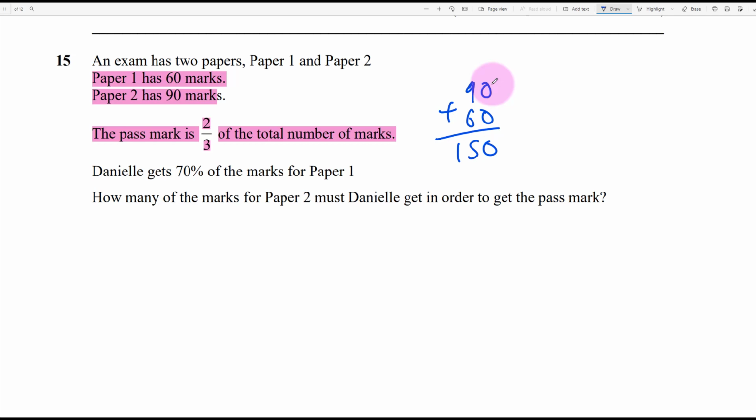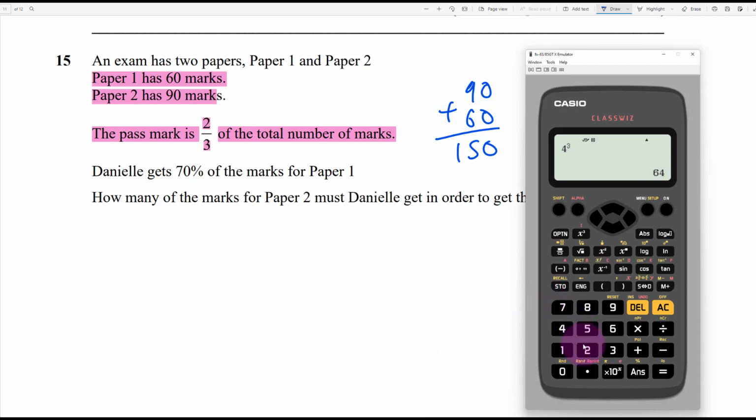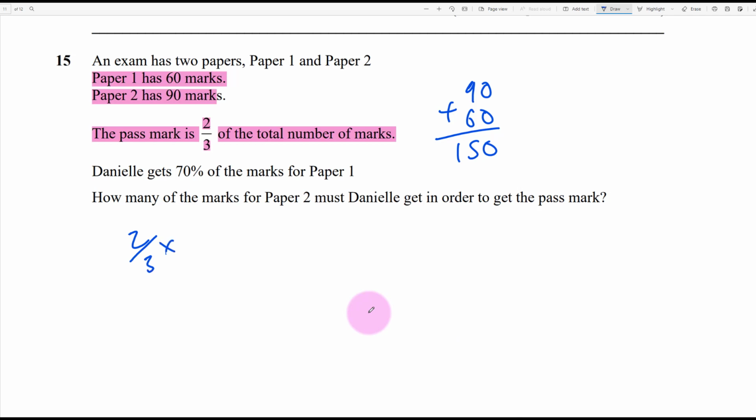So the pass mark, first let's do what's 2/3 of 150, so see how many marks we need to pass. 2/3 times 150 equals 100. So you need 100 marks to pass.